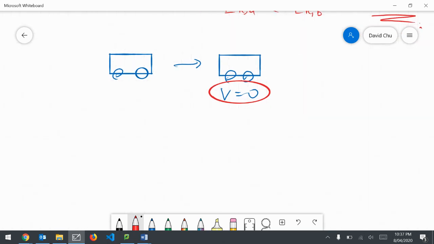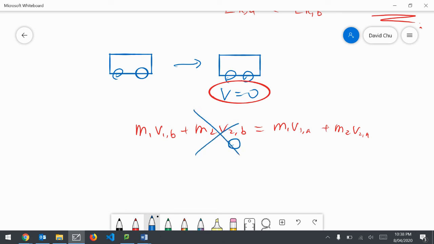So when you apply your momentum equation, this v here is 0, so this whole term cancels out. So you end up having only this to solve.